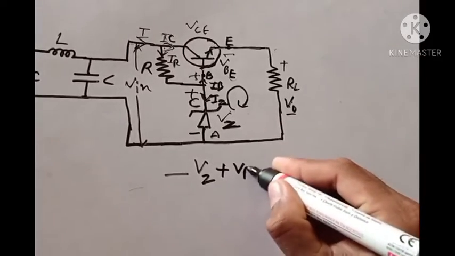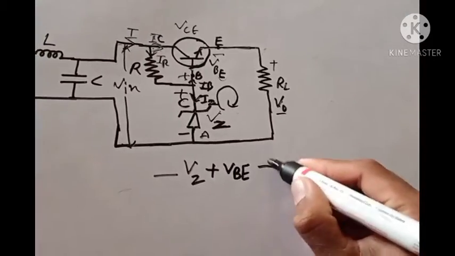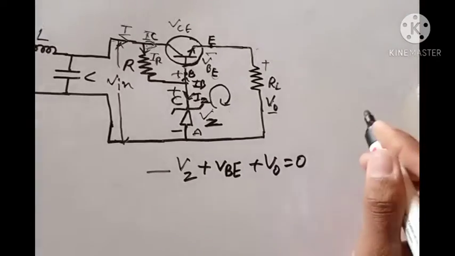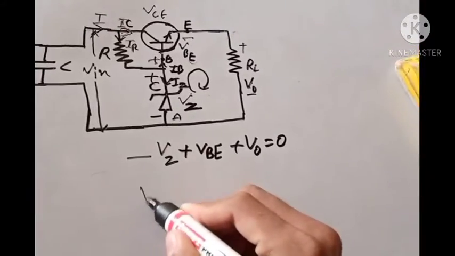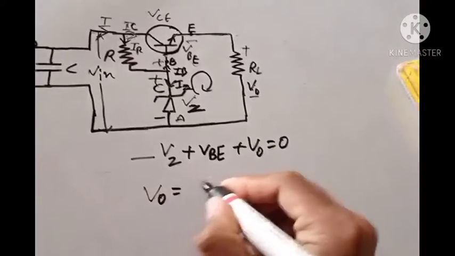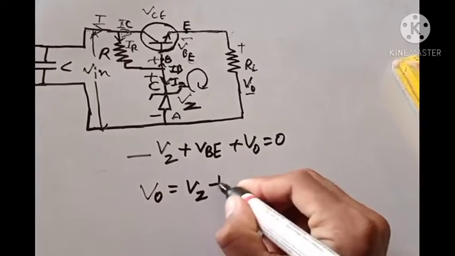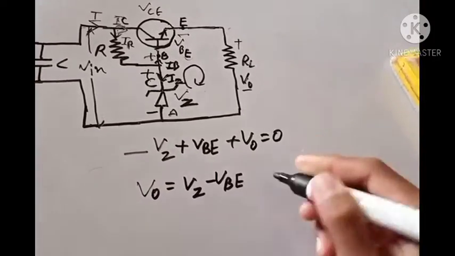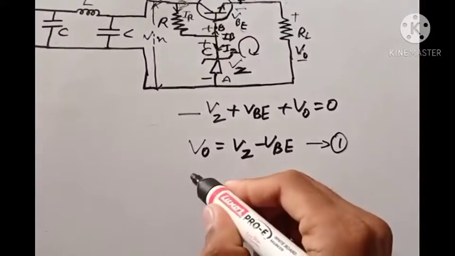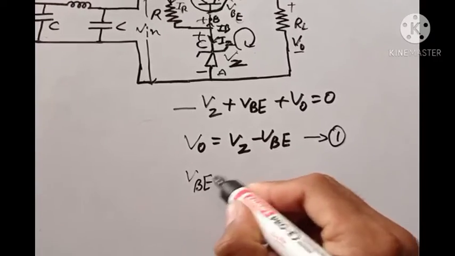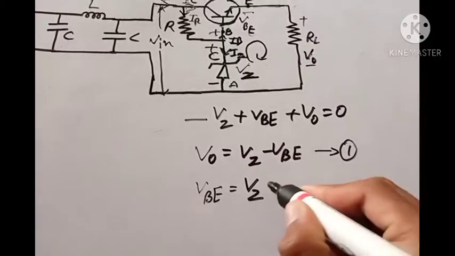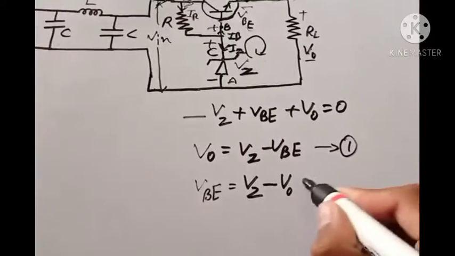So applying KVL: minus VZ plus VBE plus V0 equals 0. From this we can write V0 equals VZ minus VBE. Let it be equation 1. We can also write VBE equals VZ minus V0. Let it be equation 2.